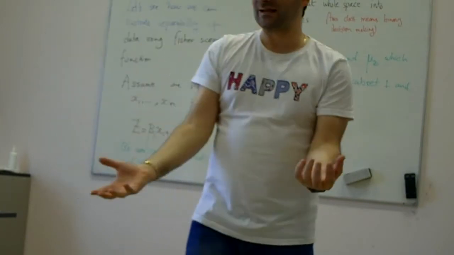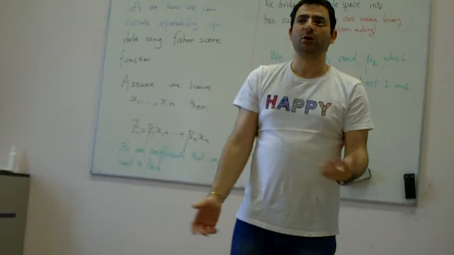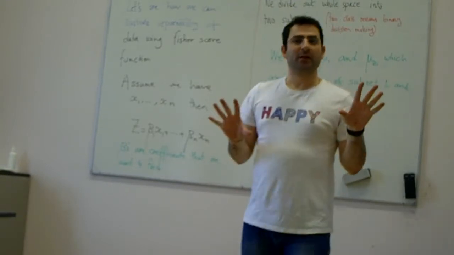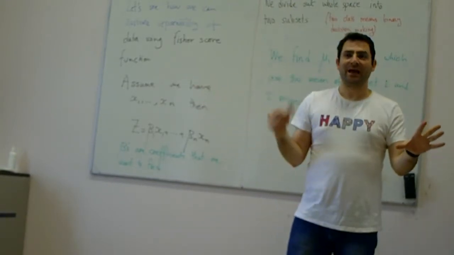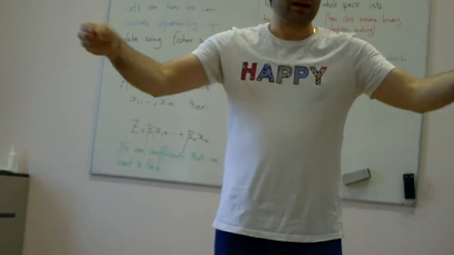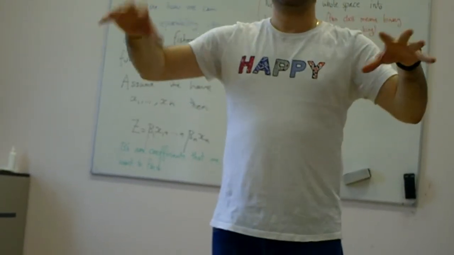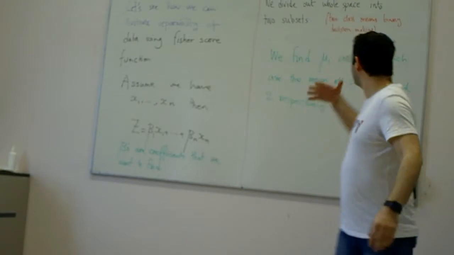One of them is class 1, one of them is class 2. One of them is yes, the other one is no. Remember, here is another difference between PCA and LDA. In PCA, we said that we want to see the maximum variation. But here, we want to divide it into two sets. We want to find the two subsets. We have two classes.